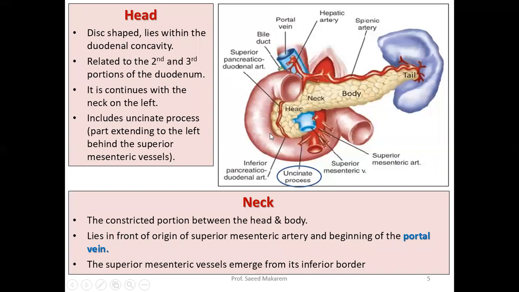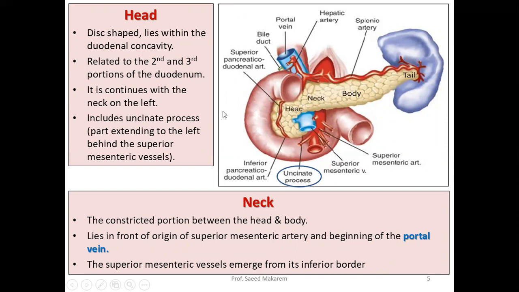So within this concavity, we can see the head of the pancreas, related to the second and third portions of the duodenum. As I said, it is related not only to the second and third, even to the first, second, and third. So this is the head of the pancreas. It continues with the neck on the left. It will continue toward the body as a narrow part called the neck.